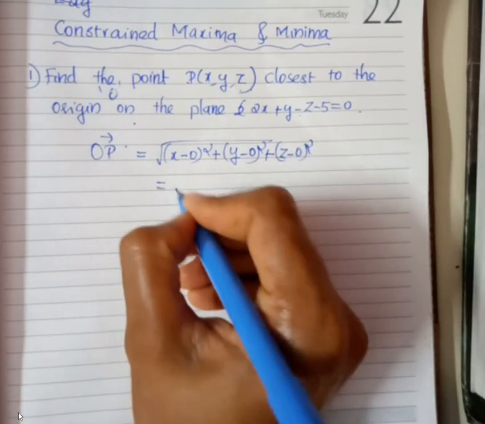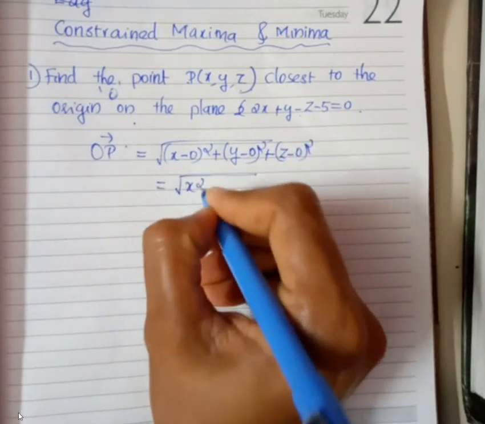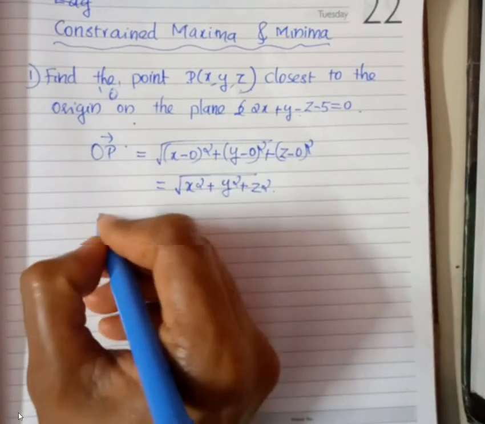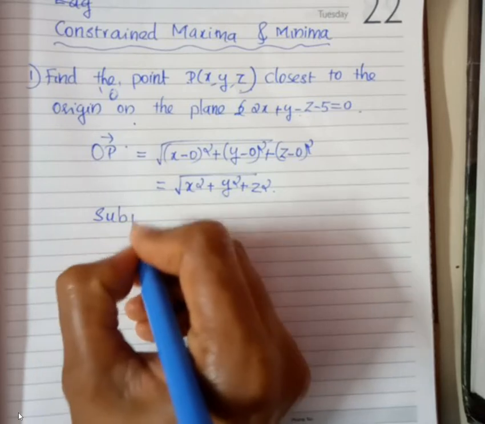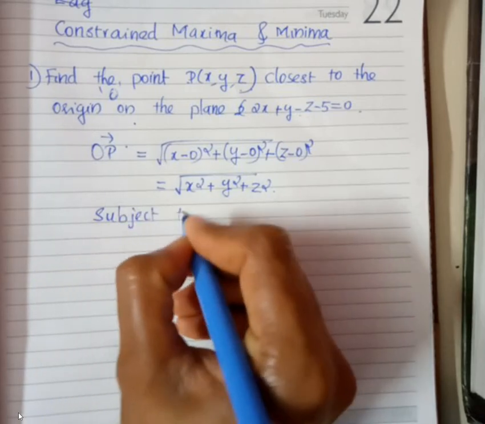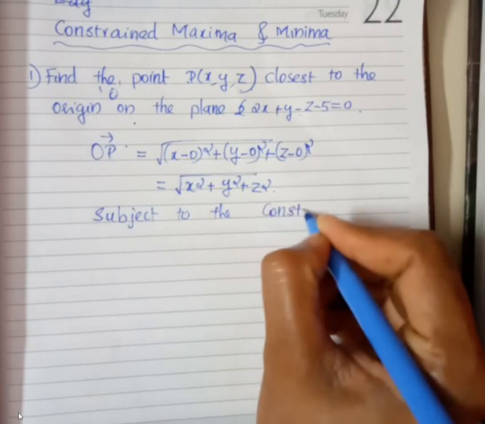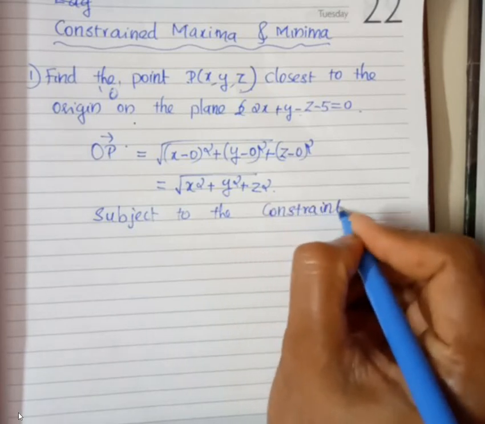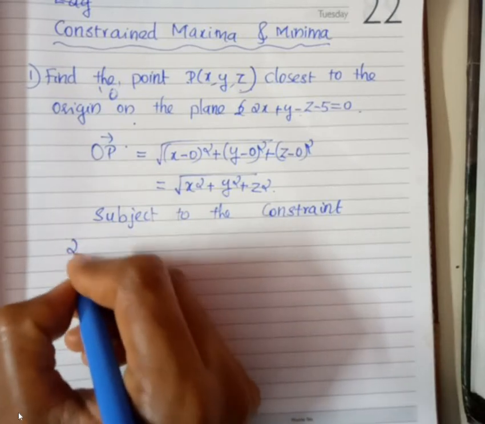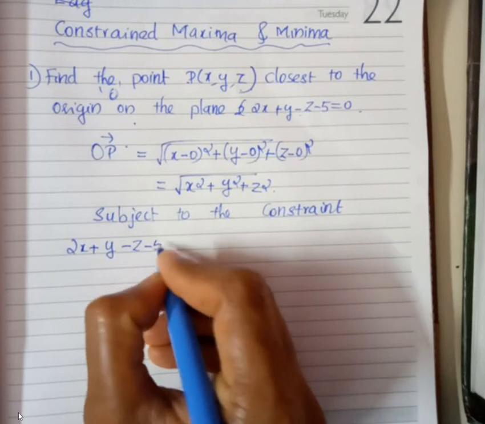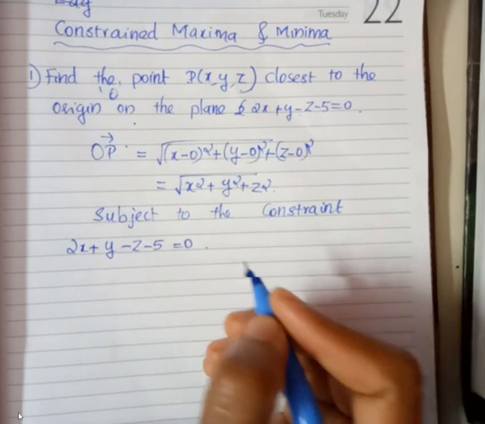That's equal to the square root of x square plus y square plus z square, subject to the constraint, the given question 2x plus y minus z minus 5 equal to 0.